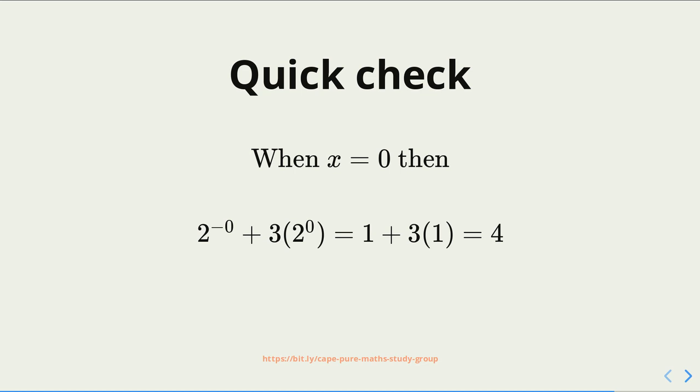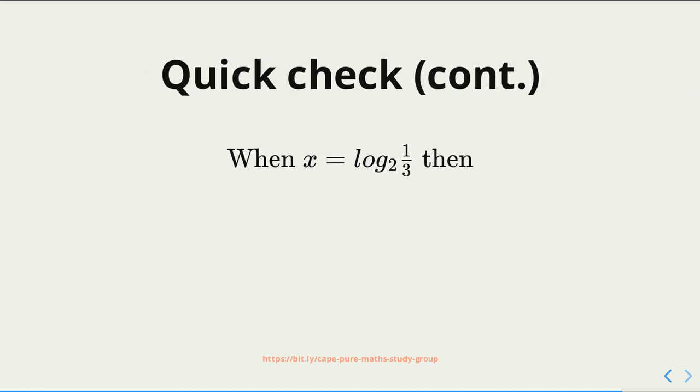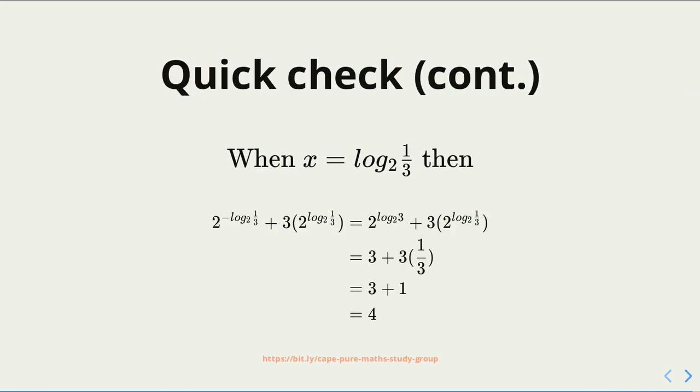Checking the other solution, when x is equal to log base 2 of a third, we put that into the original equation, and we get 2 to the negative log base 2 of a third plus 3 times 2 to the log base 2 of a third.